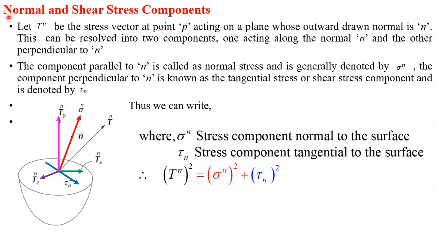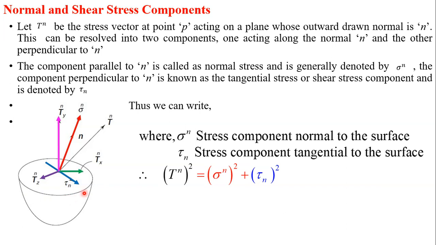Now, let us discuss in detail what normal and shear stress components are. Let Tn be the stress vector at point P. This is point P, and this is the stress vector acting at point P, Tn, whose outward drawn normal is n.